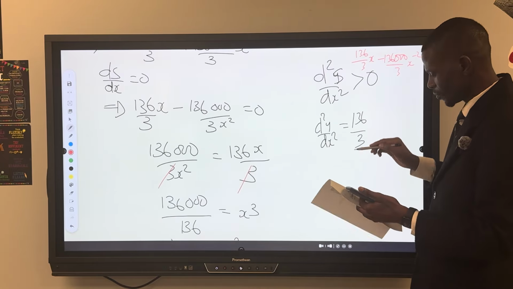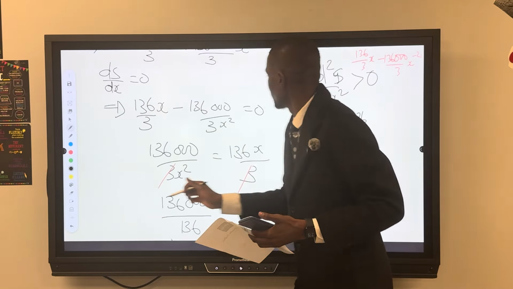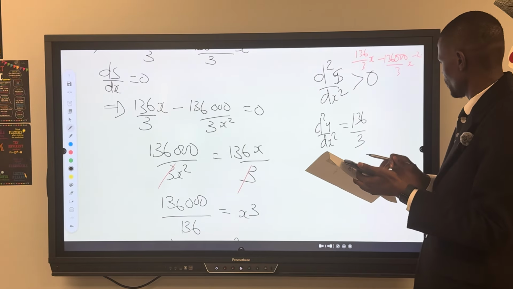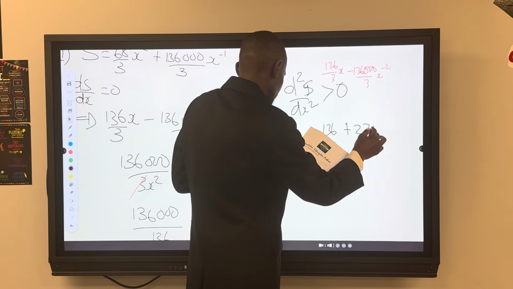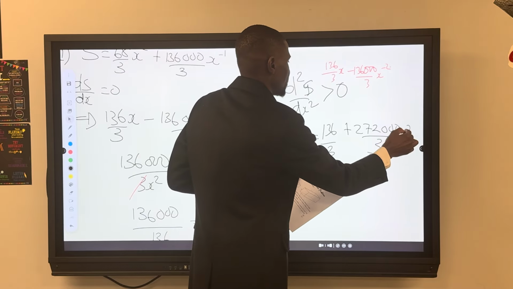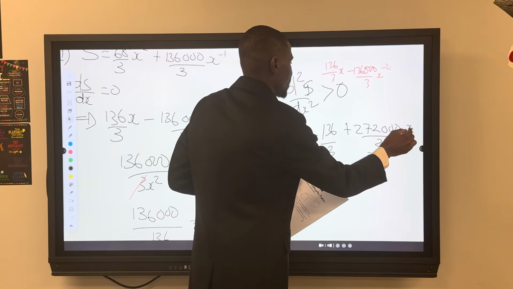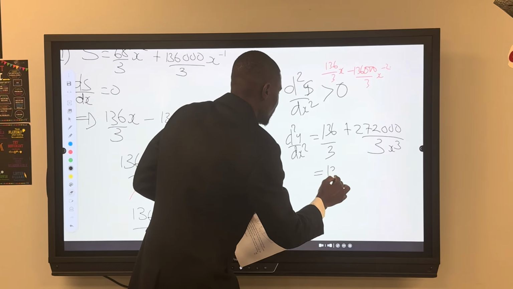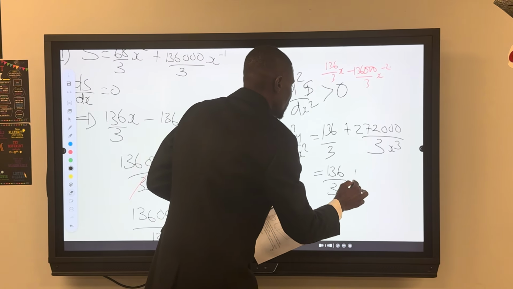So when we bring this down, it's going to be 272,000 over 3, then x to the negative third, which is just x cubed there.